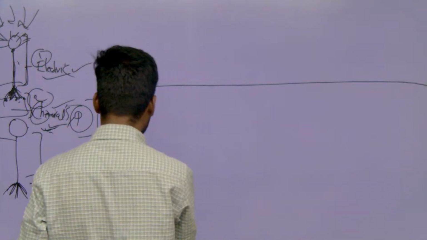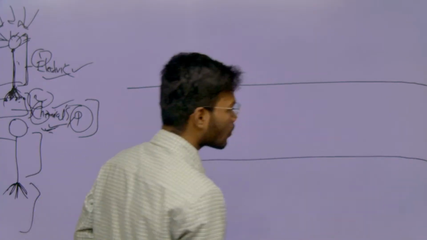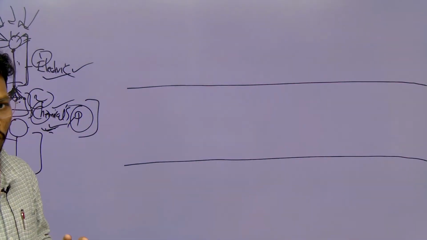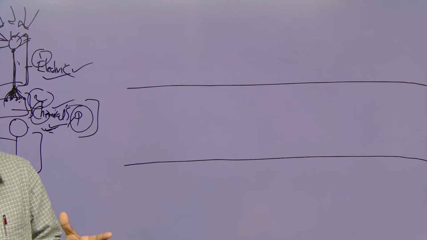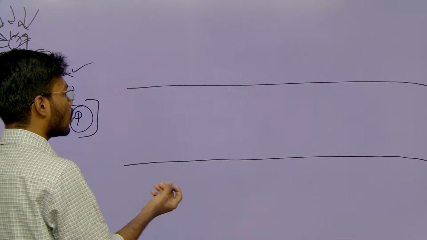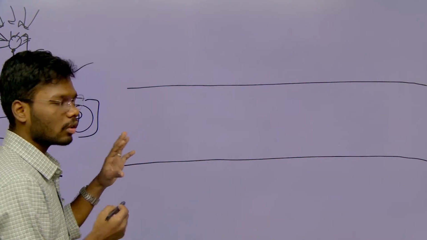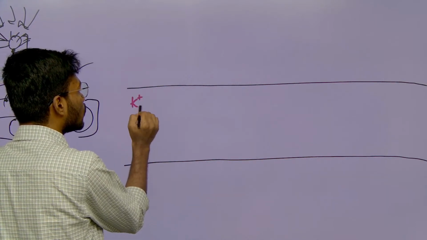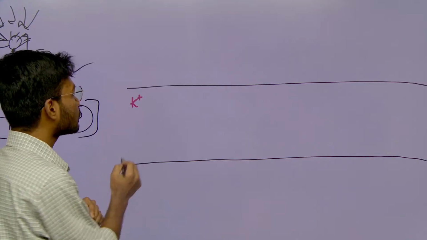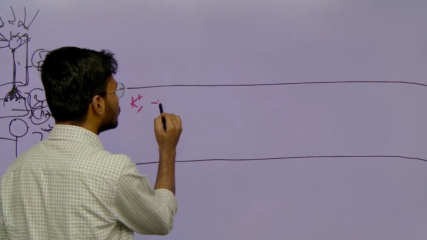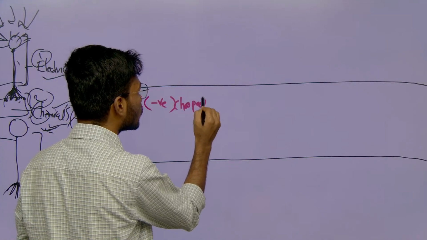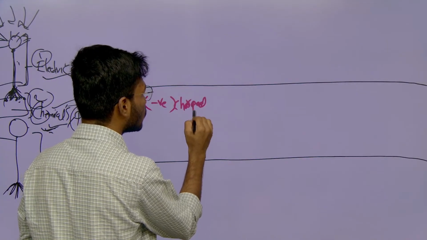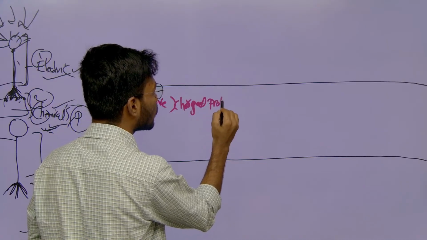So this is the axon. This axon has some ions and some proteins. We will see what the different kinds of proteins are. Inside the axon, we have potassium ions and also some negatively charged proteins.